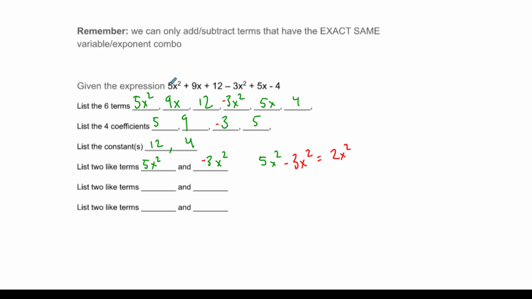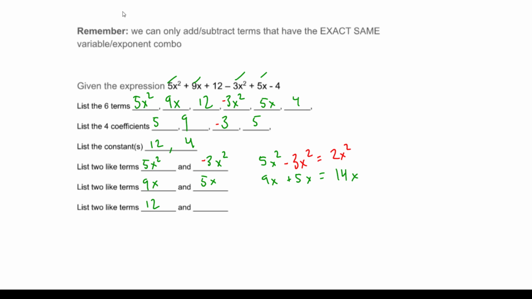What else? I'm going to cross these out as I go. So I did that. I did that. Now we have 9x and 5x, and we're adding them. So add their coefficients, 14x. And our like terms here, let's see, 12. And you know what?